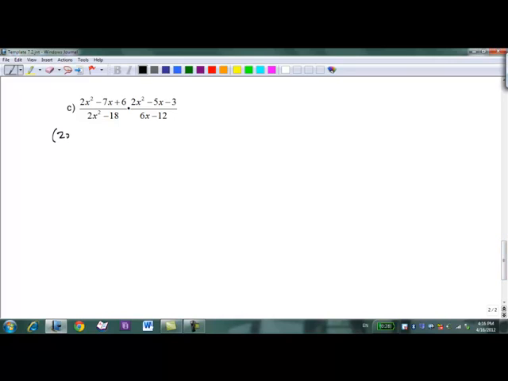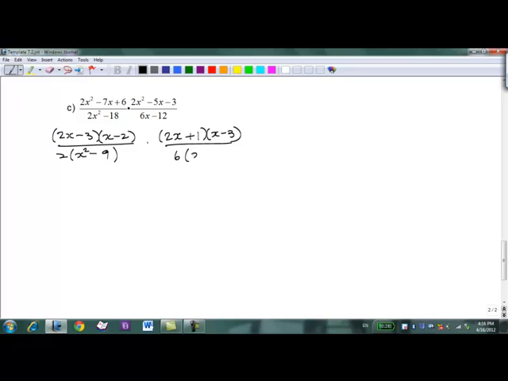Let's start with some factoring. That factors into 2x minus 3 and x minus 2 in the numerator. In the denominator, we can pull out a 2, leaving me with x squared minus 9, which we will have to factor again. The other fraction that we're multiplying, or rational expression I should say, is 2x plus 1 over x minus 3.